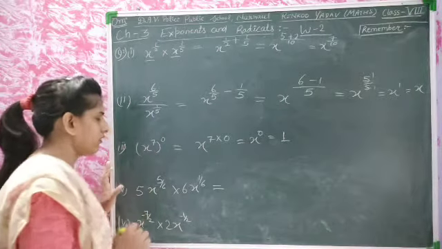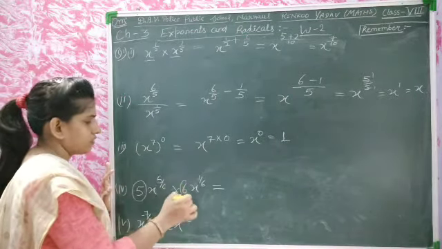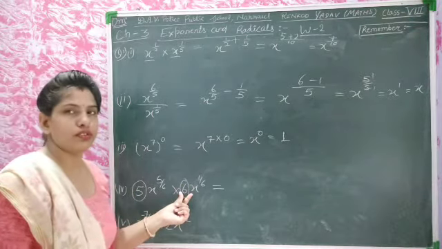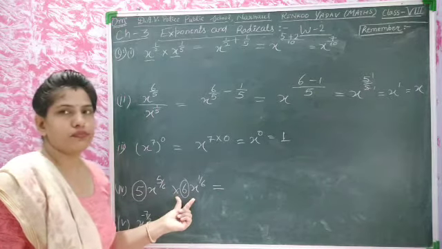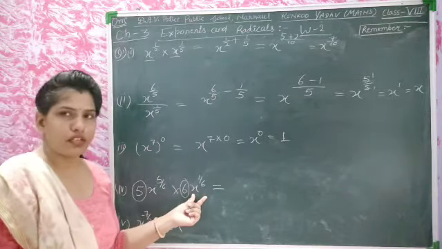Now we will get this question. In this question we also have coefficients. Coefficients are the numerical values which are multiplying the variable.